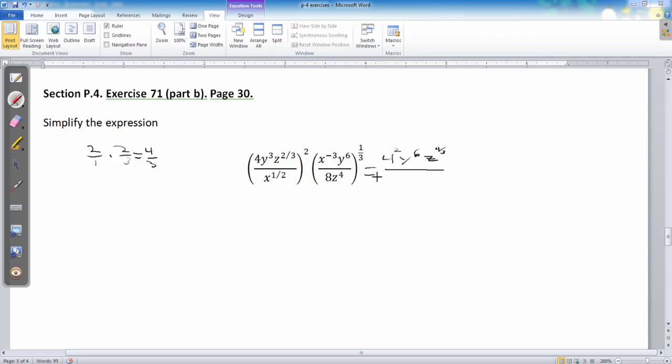I don't need to do a sidebar for that. That's just going to be x to the 1/3. 1/3 times 3 is just 1. So times x to the negative 1. 1/3 times 6. Divide 6 by 3, you get 2. That'll be y to the 2.